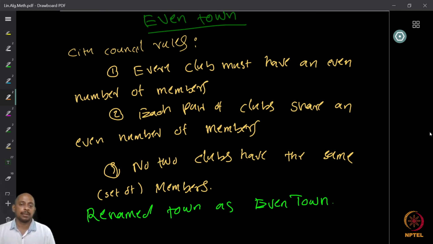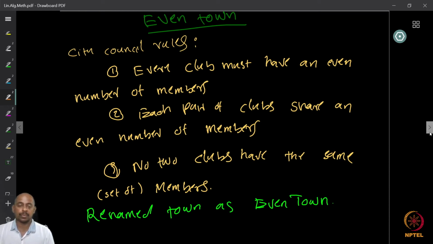So then, of course, with these new rules in place, they said that okay, our town is now known as Eventown. Now the clubs are all even-membered clubs, so therefore we will call it Eventown. So this resolution was passed, and then they said, okay, let's see what happens now. After some time, they realized that this is not going anywhere.